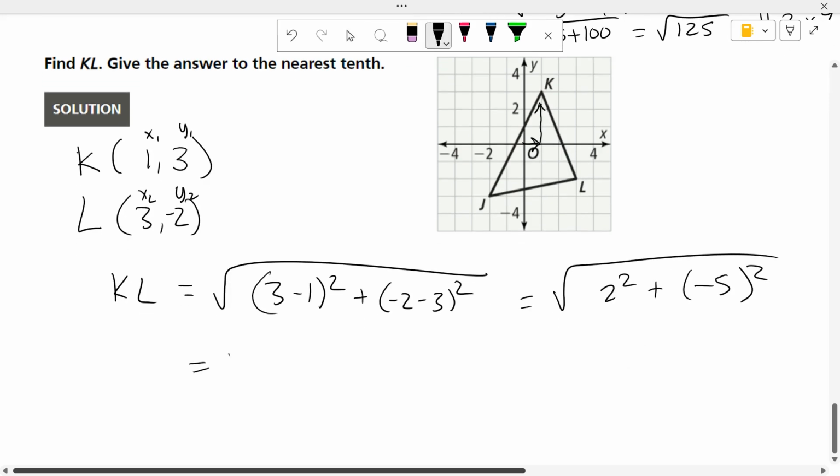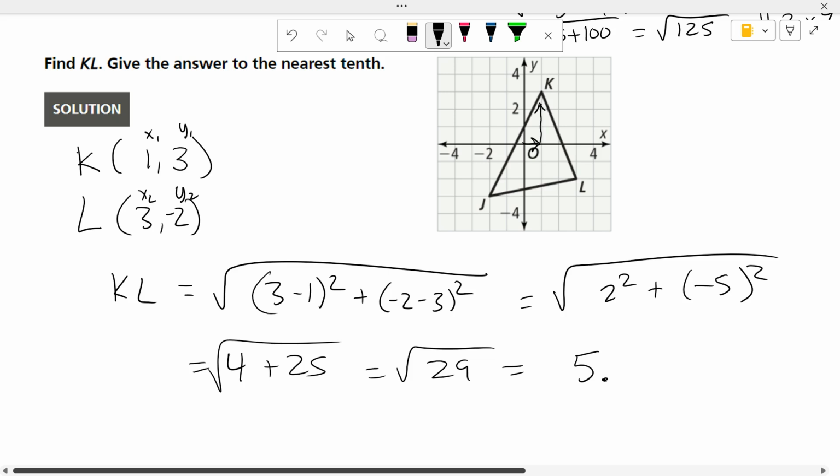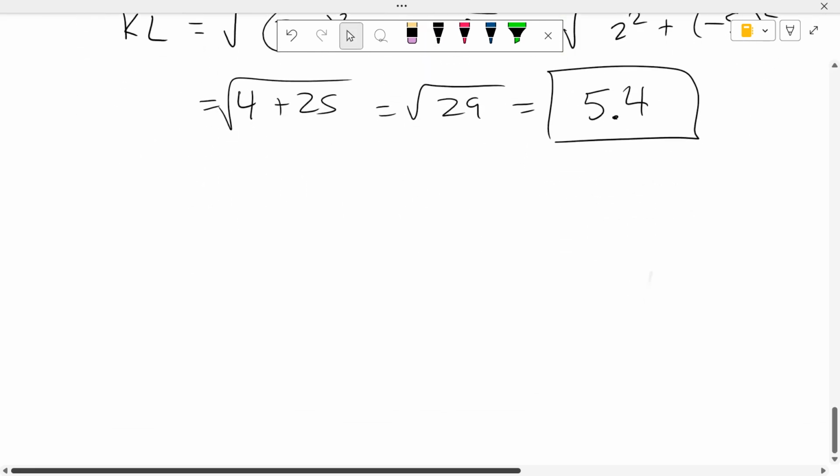So we get 4 plus 25 in a square root, which is the square root of 29, which rounded to the nearest tenth is 5.3-ish? I don't know. What is it? Square root of 29. It'd be 5.4. 5.4 rounded to the nearest tenth. Okay? There we go. Okay, one more problem I want to do.